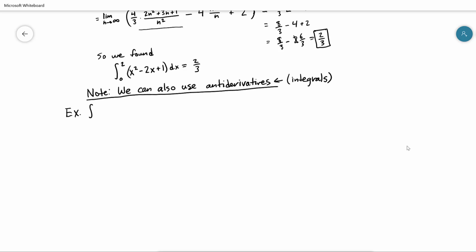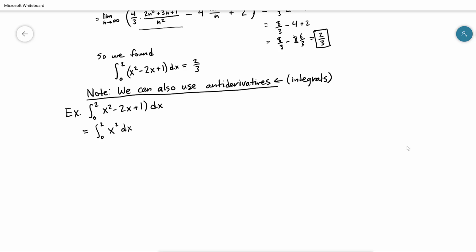So let's look at the same example, but from a different approach. Again, I'm just wanting to do the integral from 0 to 2 of x squared minus 2x plus 1 dx. If we treat these integrals as antiderivatives, I can break this up into separate pieces. So I'm going to do the integral from 0 to 2 of x squared dx.